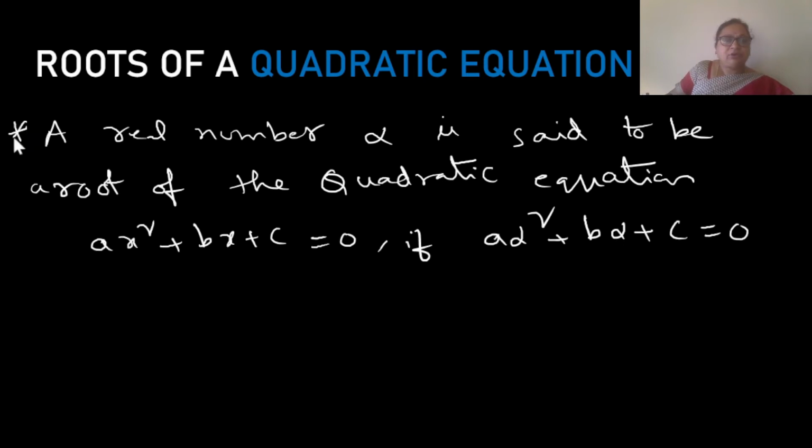We know that a quadratic polynomial can have at most two zeros. At most means maximum two zeros. In the same way, a quadratic equation can have at most two zeros.